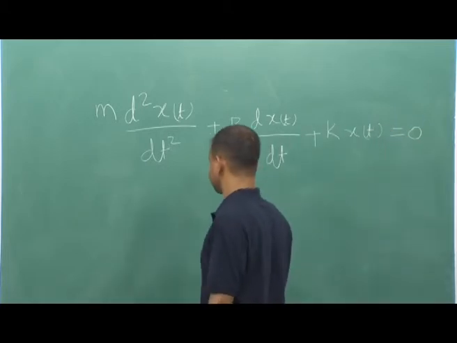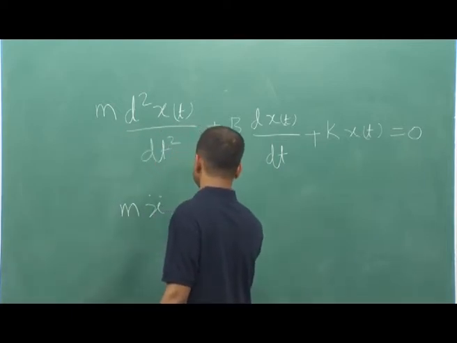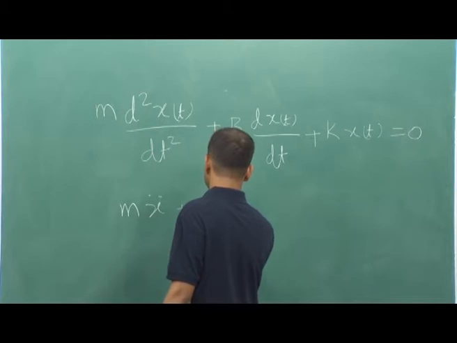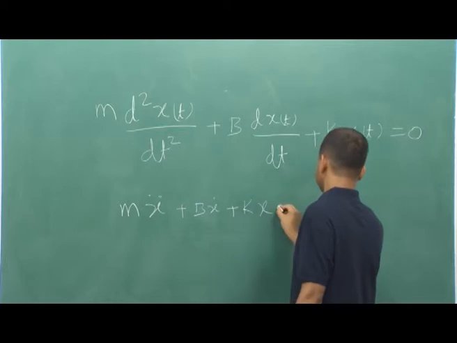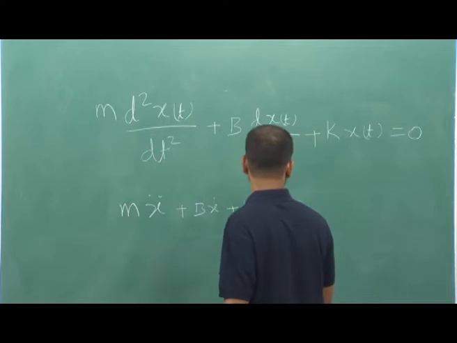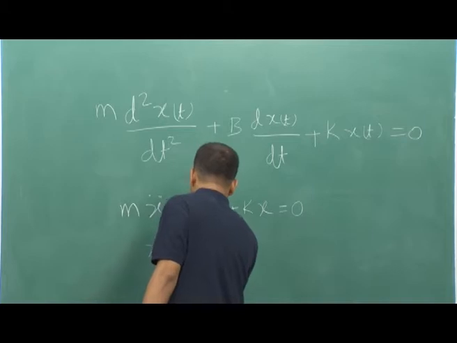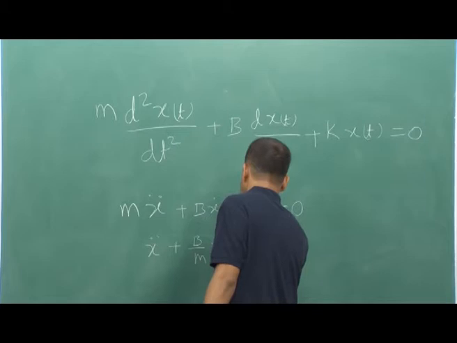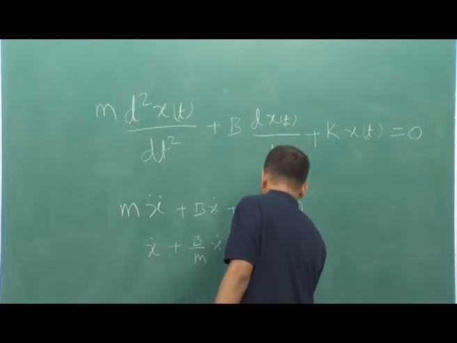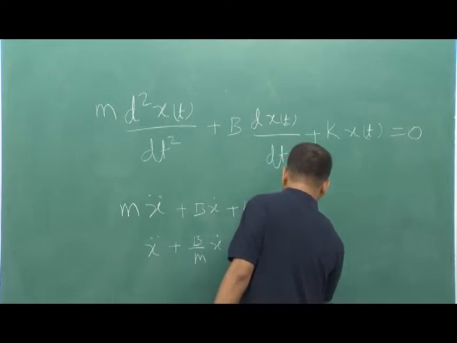If I write its characteristic equation, it will be m x double dot plus b x dot plus k x is equal to 0. Or I can write x double dot plus b by m x dot plus k by m x is equal to 0.